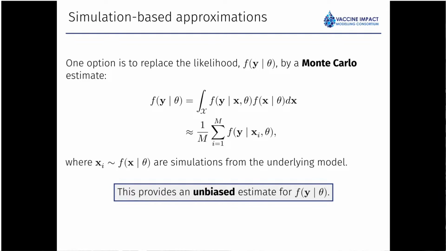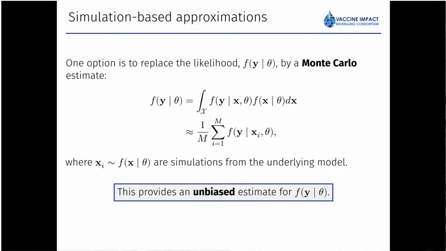Okay? So I don't have to do a bunch of complicated mathematics that I can't do anyway. All I need to be able to do is simulate from my model and write down a density function for my observation process, which is usually Poisson or binomial or whatever, depending on what your data are. Okay?